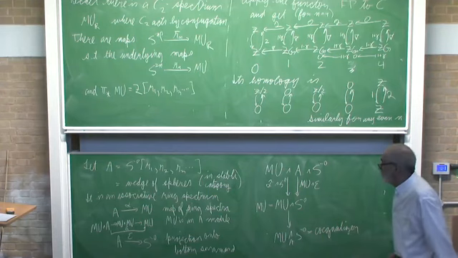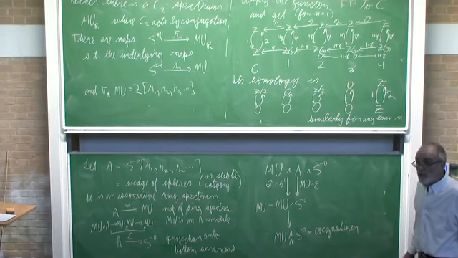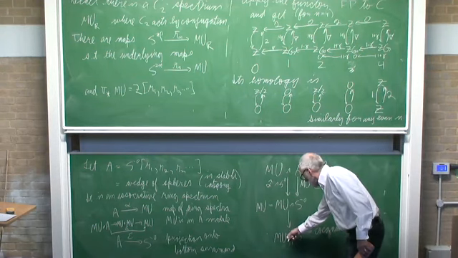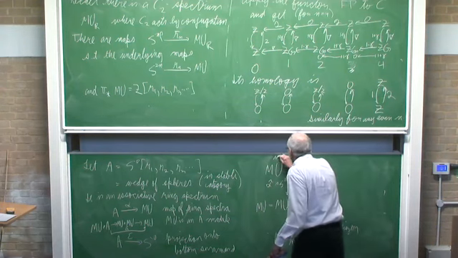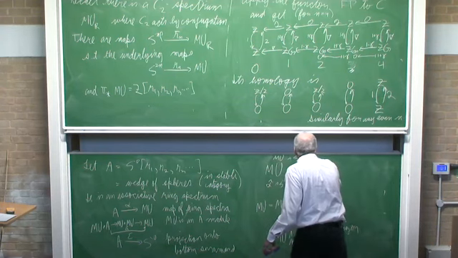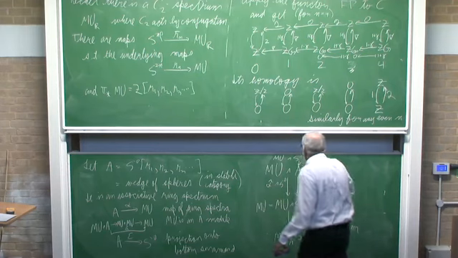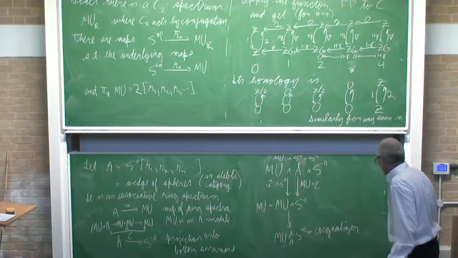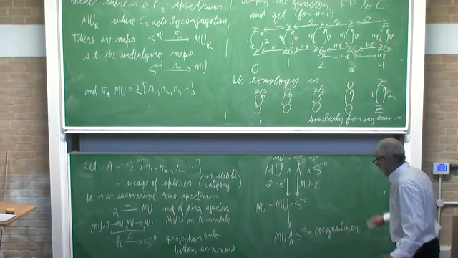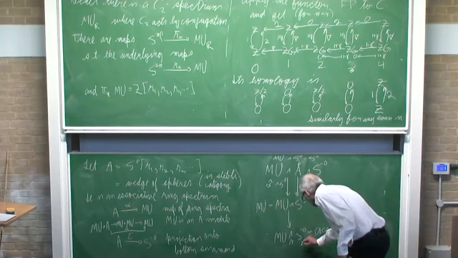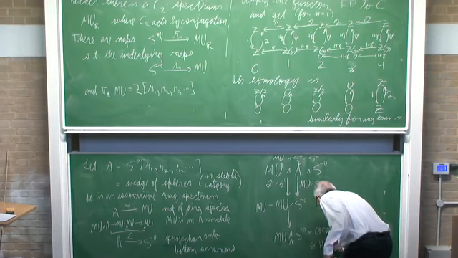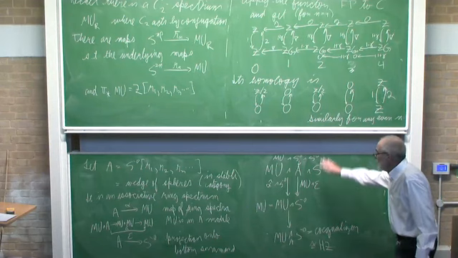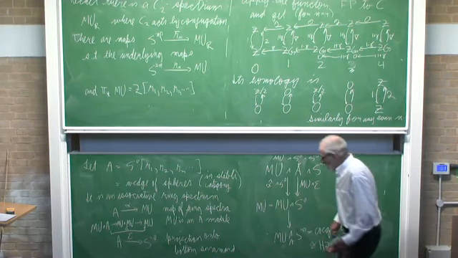Going from MU to here amounts to killing all the higher homotopy groups in MU. And we know what happens when you do that. You end up with the Eilenberg-MacLane spectrum. This is a very convenient way of saying that.